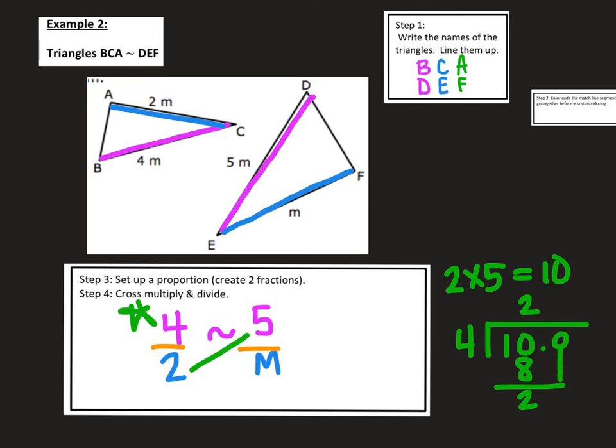There's a remainder of 2. Add a decimal, bring down a 0. And then 4 divides with 20 evenly 5 times. That means my answer for this missing measurement right here should be 2.5. And it was labeled in meters, so that would be my final answer for that one.